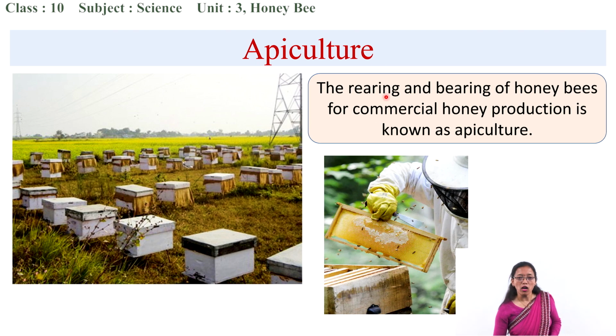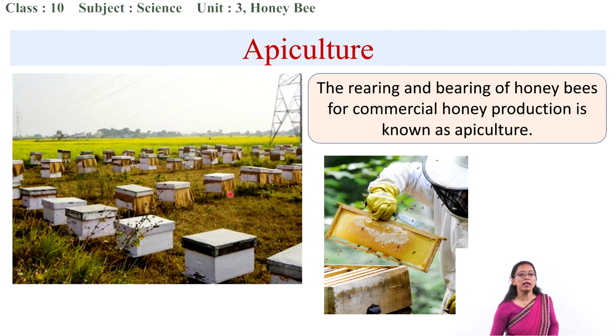This term is used for the commercial production of honey by keeping honeybees. Apiculture represents the rearing and breeding of honeybees. That means we are cultivating the honeybees for commercial production of honey and other products. That is called apiculture.